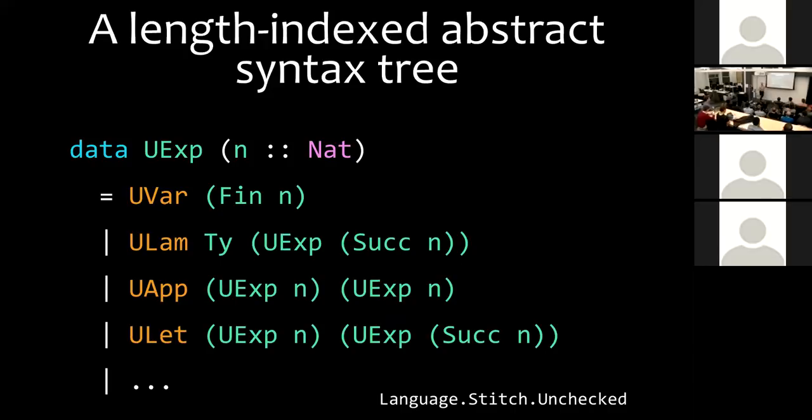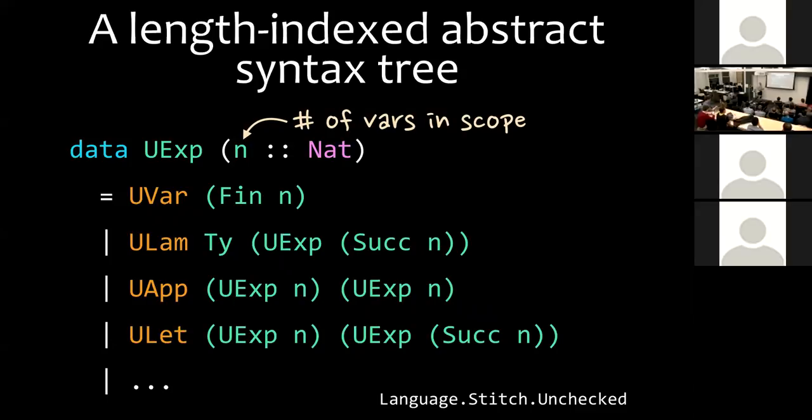Because it turns out that as we parse a lambda-calculus expression, we always know how many variables are in scope. Every time we see that backslash, we can say, oh, there's one more variable in scope. And so because we can do that while we're parsing, we can put that information here. So this n, this index to my type, tells me how many variables are in scope.